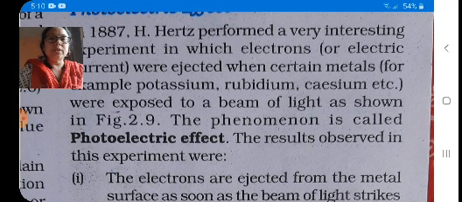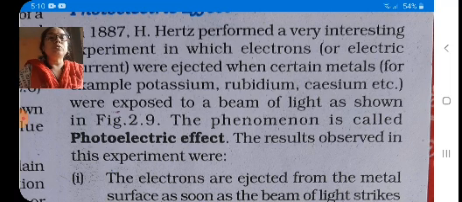While drawing the diagram of the photoelectric effect equipment, we saw a light beam falling on the metal surface. That metal could be any metal, like potassium, rubidium, cesium. So the phenomenon is called photoelectric effect, and the results obtained in this experiment were as follows.